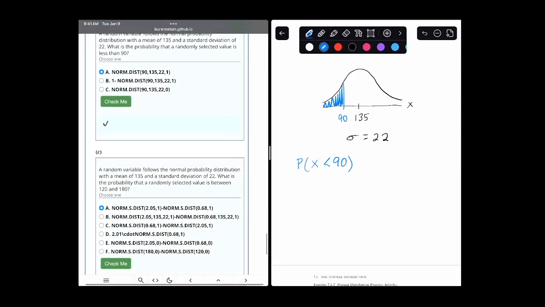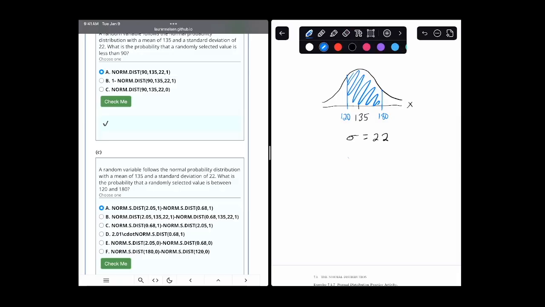And then lastly, we want the probability that our random variable is between 120 and 180. So here's 120. So we want the probability x is between those two numbers. So first we would plug in the bigger one, and we're going to want to use norm.dist.